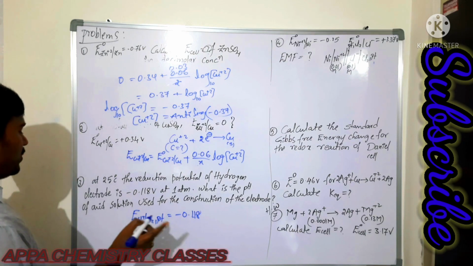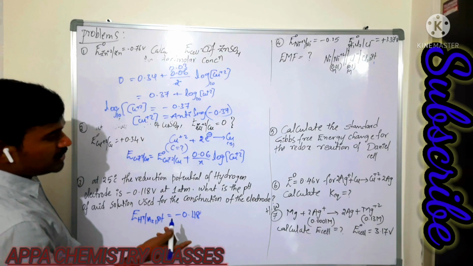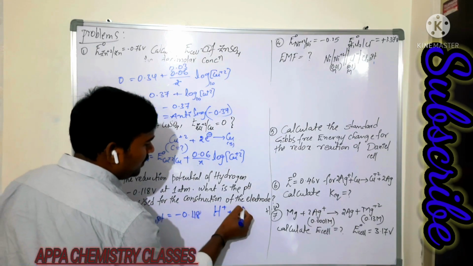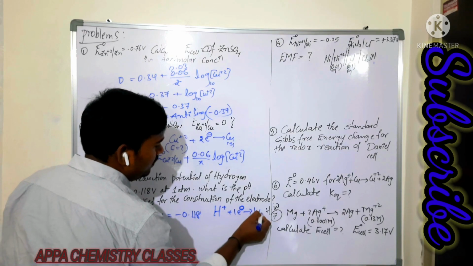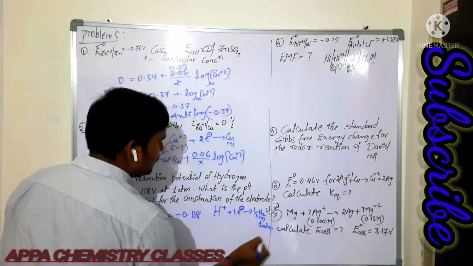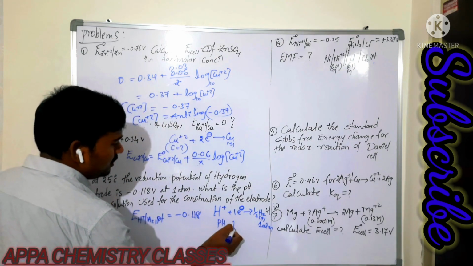At 1 atmosphere, what is the pH of the acid solution for the construction of the electrode? Now you see here, this is H plus ion. By gaining 1 electron, it is undergoing the reduction process. So it is 1 atmosphere pressure, and they are asking to calculate the pH.